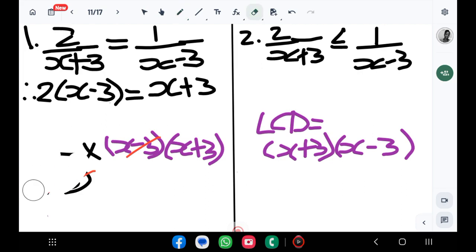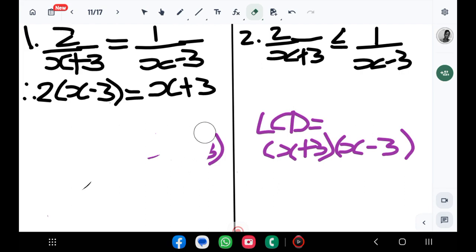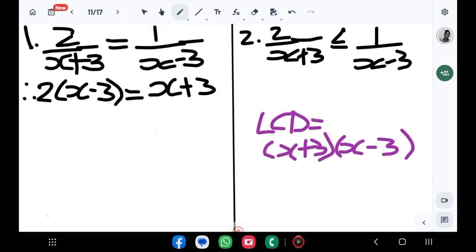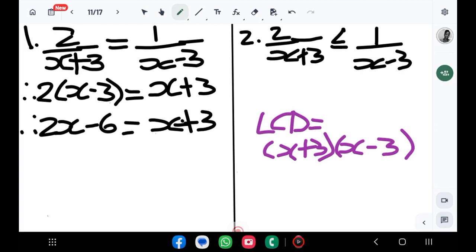And now you simply expand on the left hand side. Take everything that is x to the left hand side, and everything that is a number to the right hand side, and voila. So that is 2x minus 6 on the left hand side equals x plus 3. Therefore, take your x's to the left hand side.